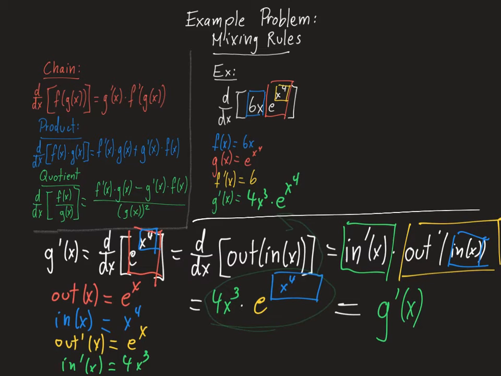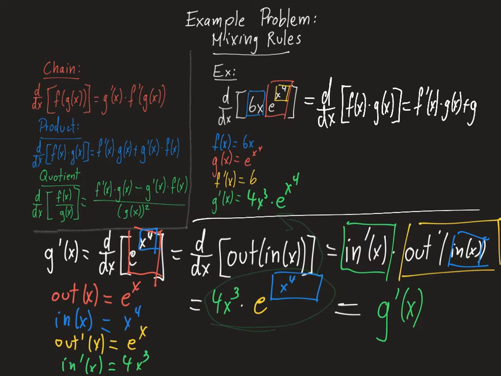To avoid confusion, let me put a bar here. Let's finish off our product rule. This is the derivative of f of x times g of x. And product rule tells us that this is equal to f prime of x times g of x plus g prime of x times f of x.